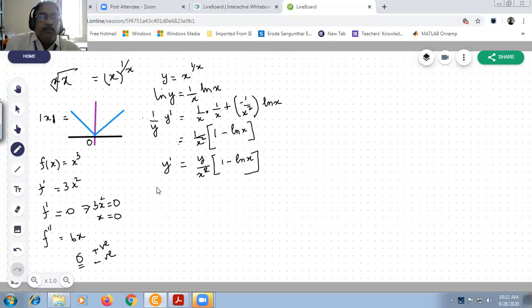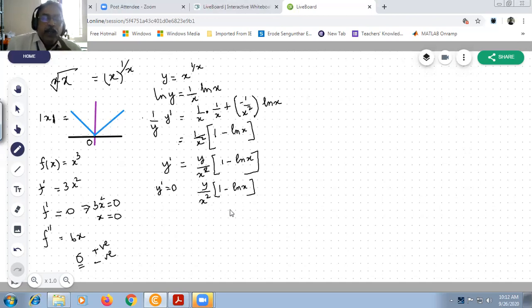Okay, for maxima and minima, y dash equal to 0 implies this one is equal to 0. Y by x square into 1 minus ln x equal to 0 is possible in two ways.